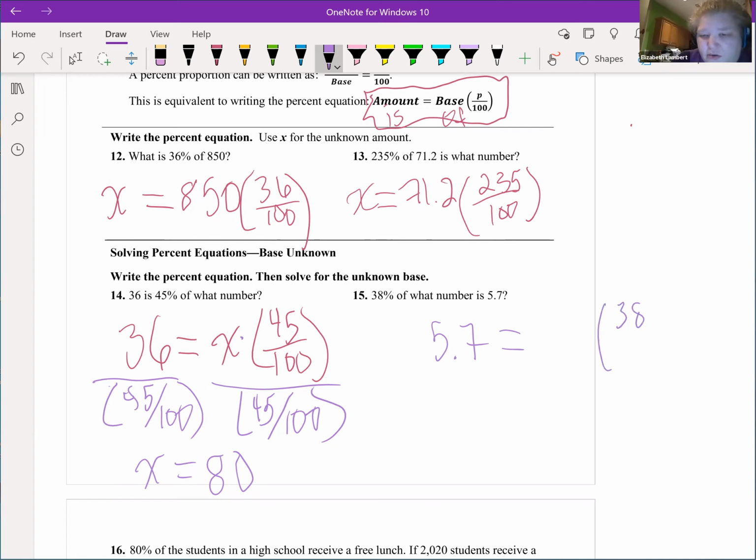They wrote it here as 38 over 100. Then of, when it's written like this, a lot of times ends up being multiplication. So of what number is just a placeholder for unknown, or x. And then we solve it just the way we did. Divide by the 38 over 100.